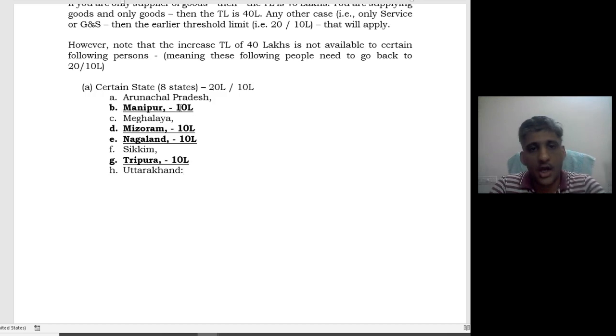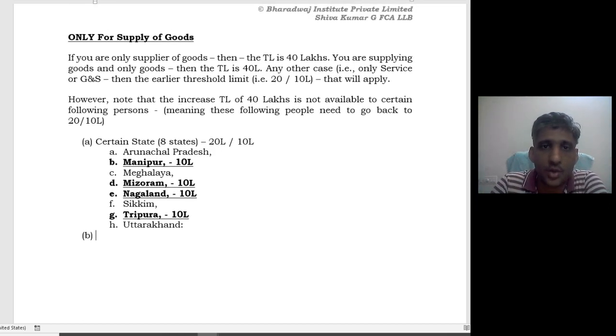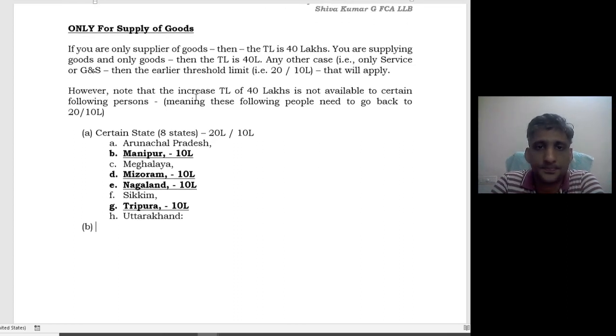So Arunachal Pradesh, Meghalaya, Sikkim, Uttarakhand are not eligible for 40, they will go back to 20. Manipur, Mizoram, Nagaland, Tripura are not eligible for 40, they will go back to 10. So these 8 states are not eligible for this 40 lakhs. Again, this 40 lakhs is only for supplier of goods, not for supplier of services.